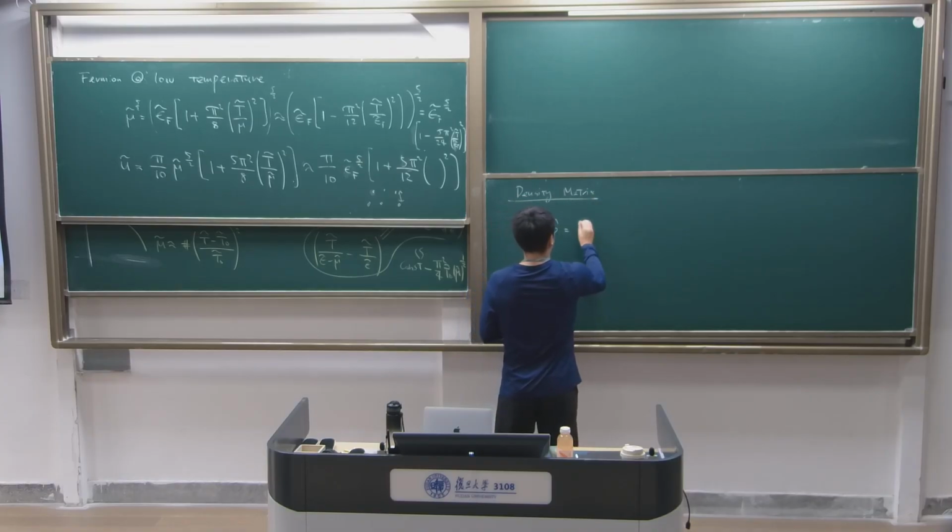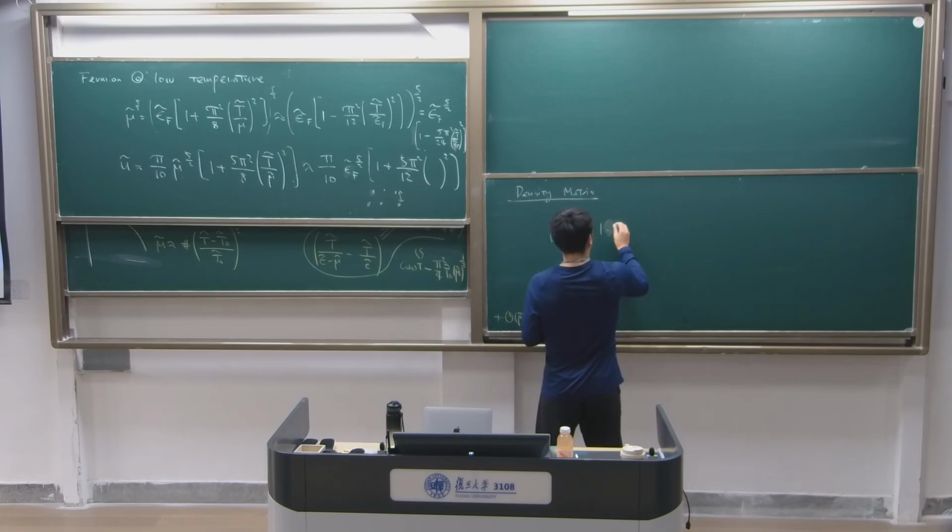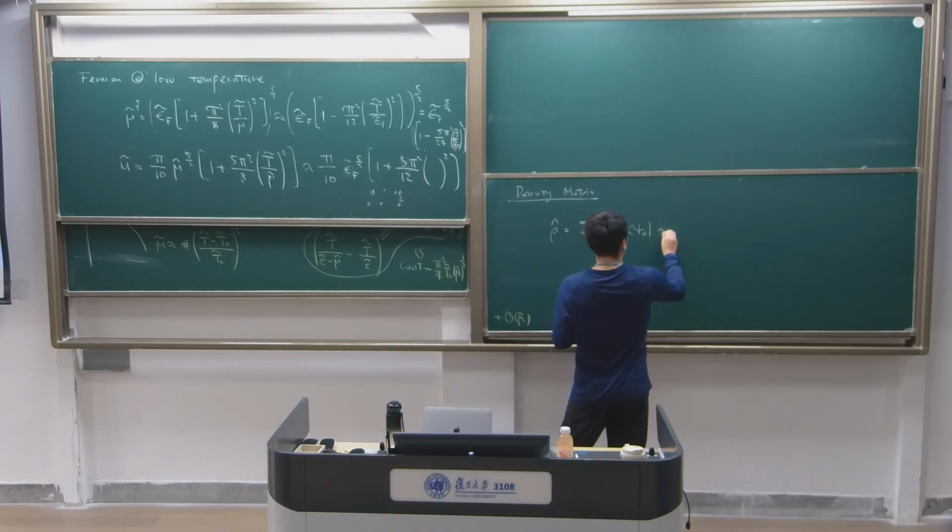The density matrix rho hat is essentially a sum over psi nu, whatever you call it, with the probability of the state.